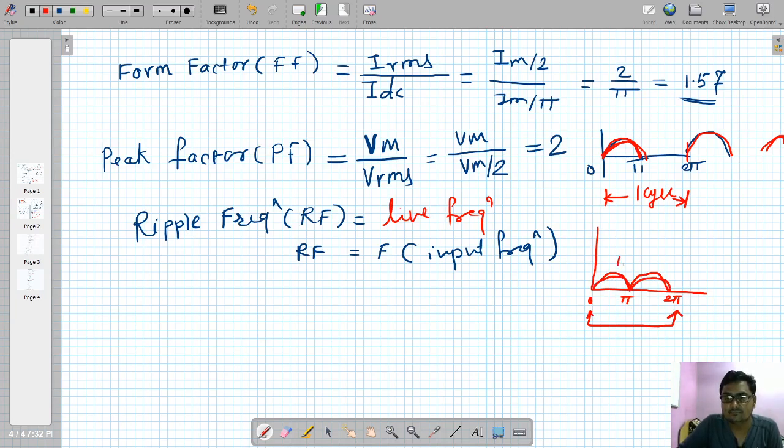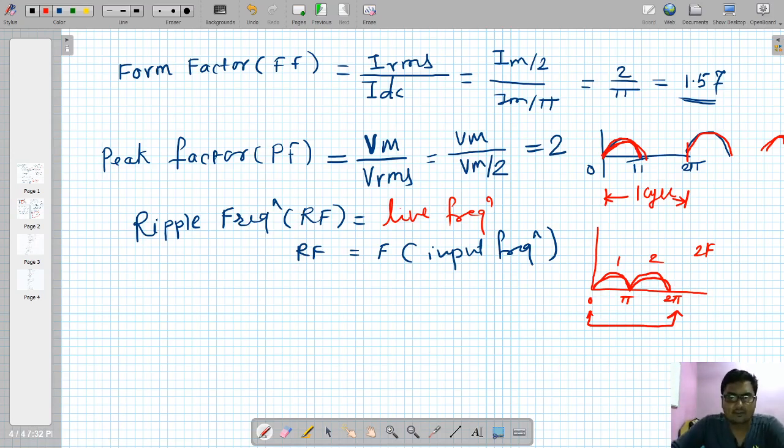This is first and this is second, so the signal repeats itself twice, and that's why for the full wave rectifier the ripple frequency is 2f. In a half wave rectifier it is just f. This is about ripple frequency.